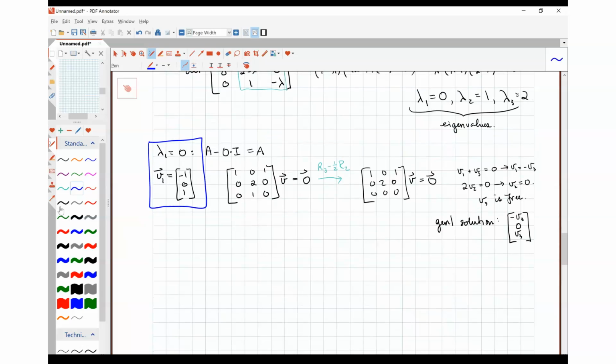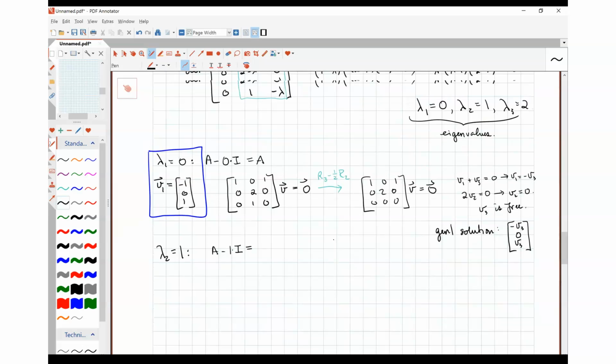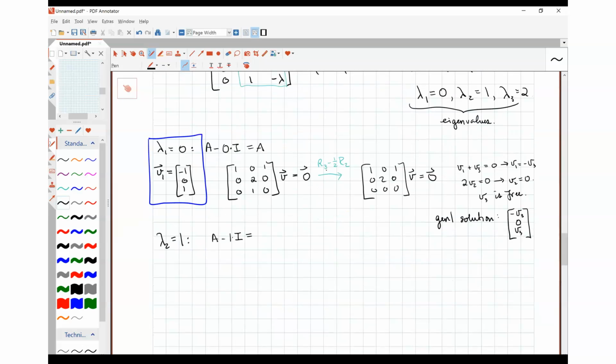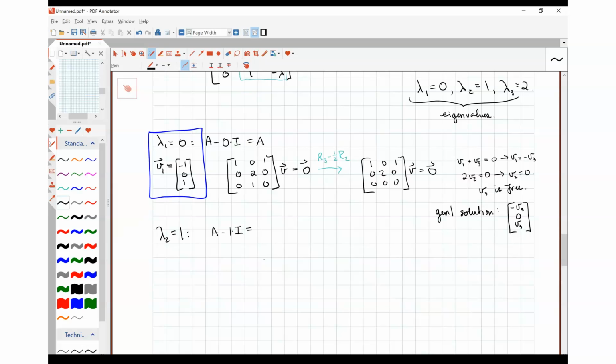So let's see, lambda 2 is equal to 1. So in this case, our A minus lambda I is just A minus I. And looking back up at the matrix, that's going to be 0, 0, 1, 0, 1, 0, and 0, 1, 0, times V equal to the 0 vector.